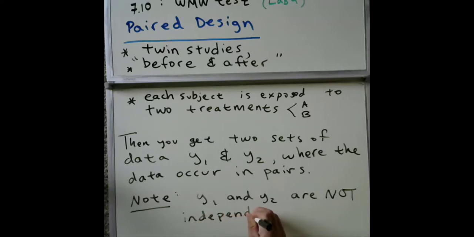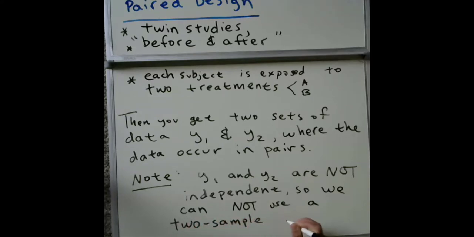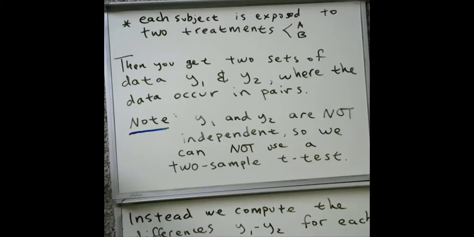If it was the same individual exposed to treatment A and then exposed to treatment B, how they respond to each of those treatments may affect one another, so they're not independent. That's a violation of the classic t-test requirements, so we cannot use a regular t-test, which is called the two-sample t-test.